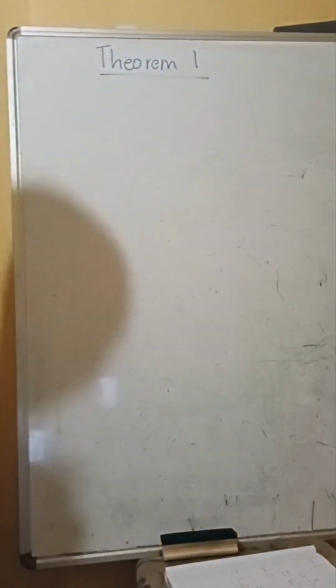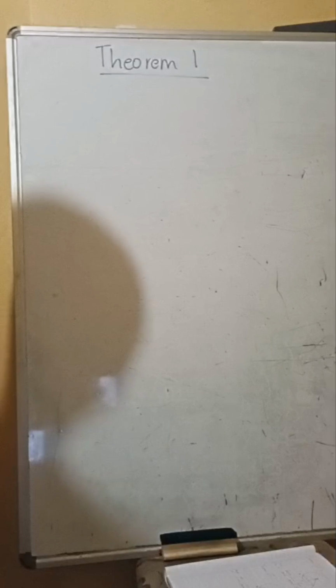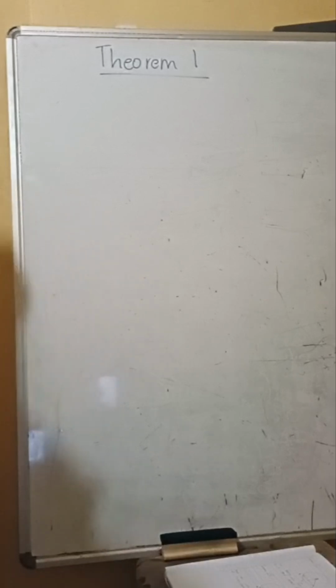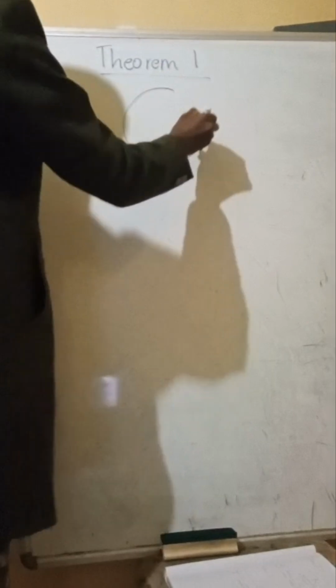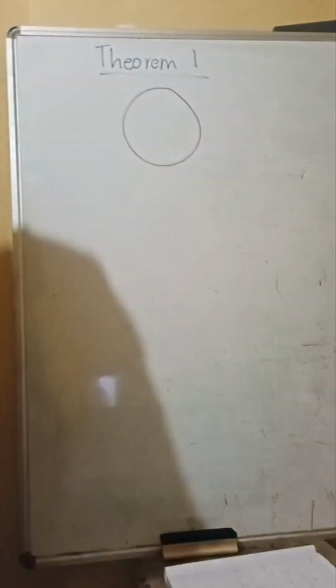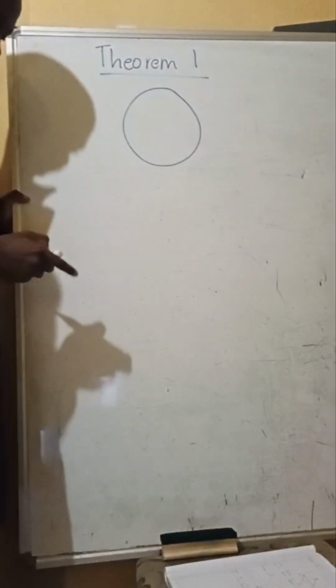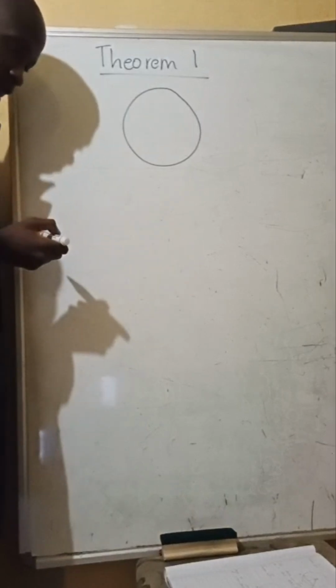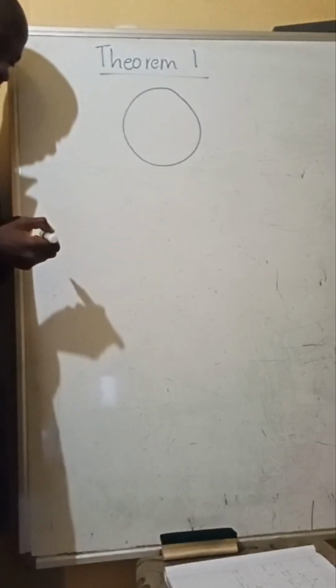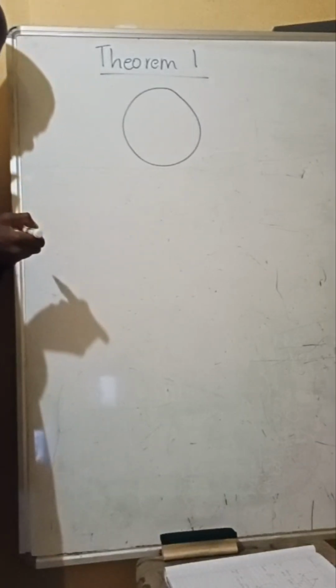This theorem states that the line drawn perpendicular from the center of a circle to a chord bisects the chord. Now, let me draw the circle. They say the line drawn from the center of the circle to a chord bisects the chord.